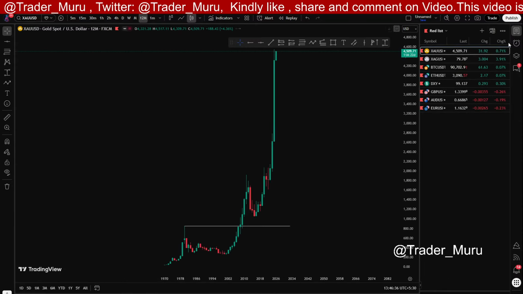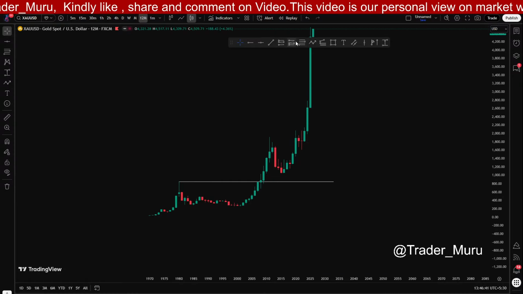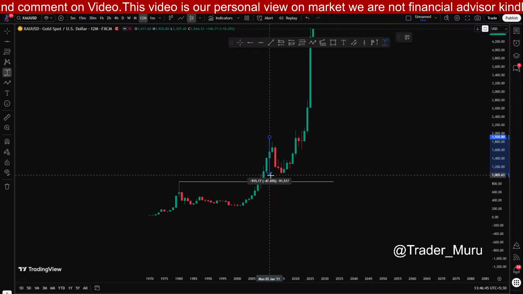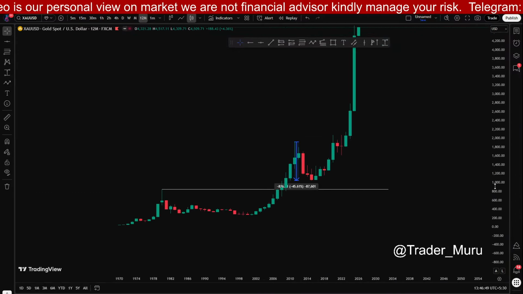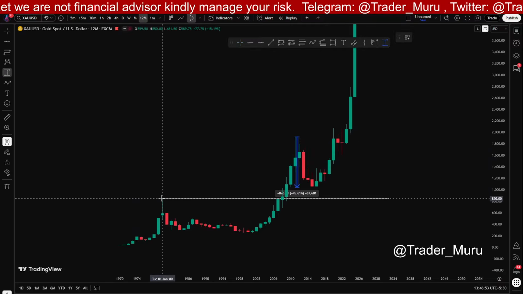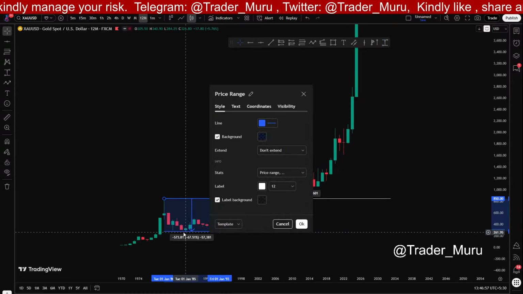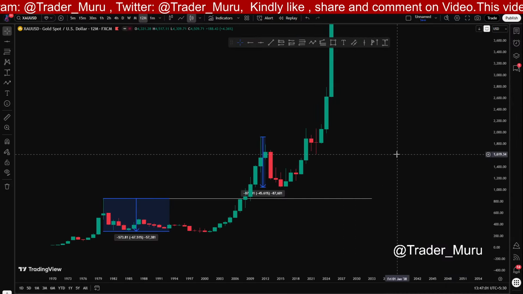See these areas. See this. This is around a 45% drop. This is a 70% drop. But still we have a move.